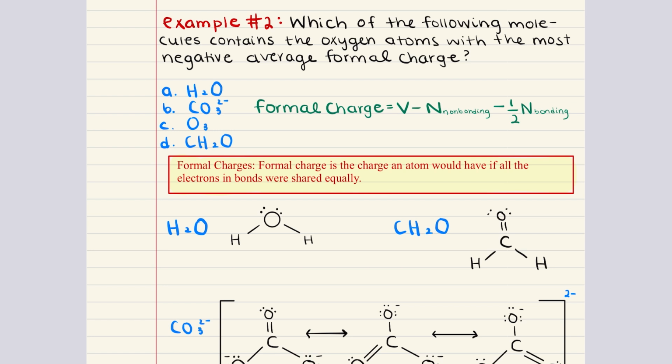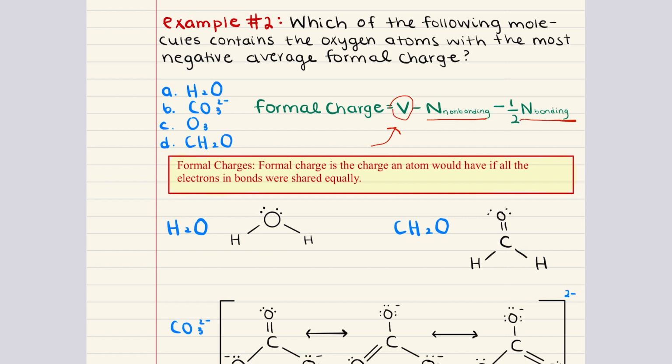Formal charge is a charge that's assigned to an atom in a molecule, assuming that electrons in all chemical bonds are shared equally between atoms, regardless of relative electronegativity. And the formula that's used to calculate the formal charge is shown here. It's the total number of valence electrons for that atom minus the non-bonding electrons minus 1/2 the bonding electrons.